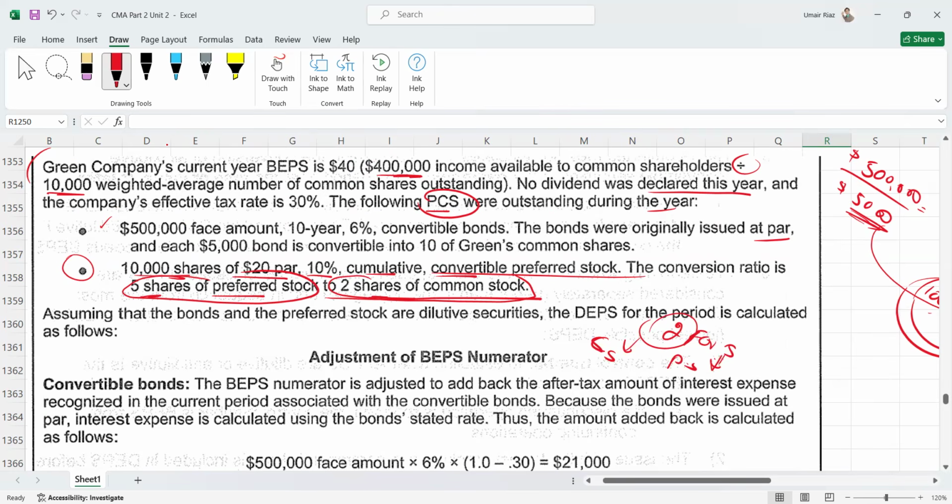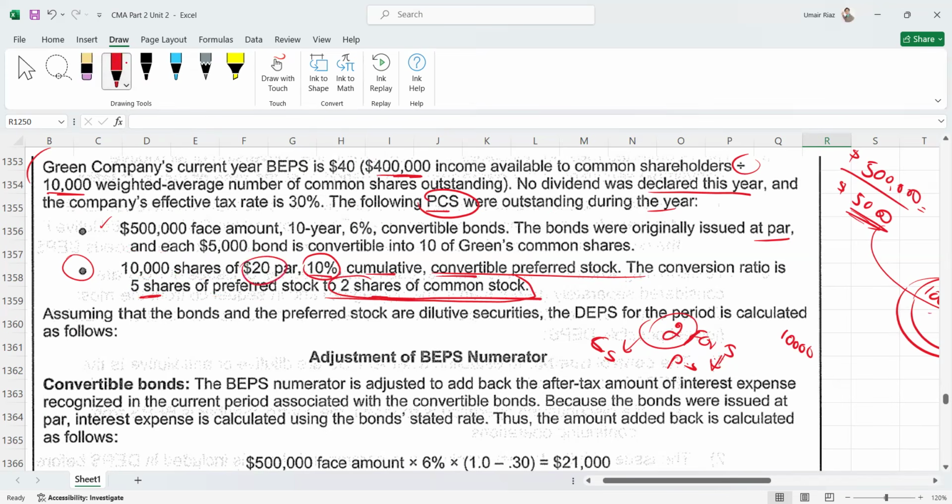Now here we go. First of all, we have to calculate how much dividend can be saved. So we need the value first. 10% is the dividend. Par value we need. How will I calculate par value? 10,000 is shares, and $20 is the par value given per share.